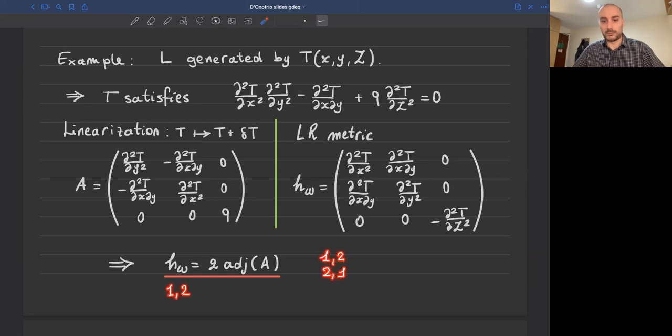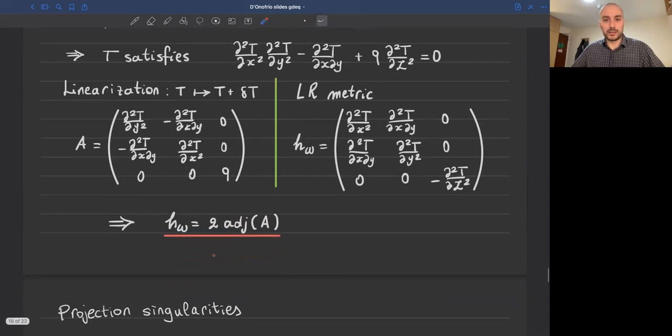This is very simple, right? And of course, this tells us that if the problem is parabolic, that is A is degenerate, then also H will be degenerate.